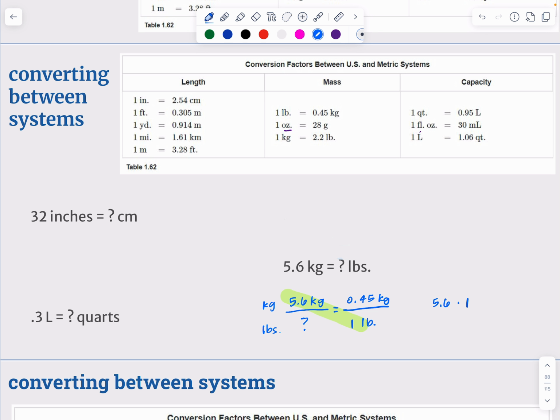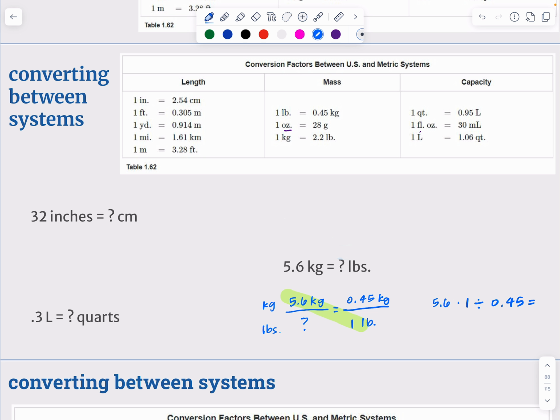And then we know that we divide by the third number, so I'm going to divide by 0.45. Okay, so I'm going to grab a calculator to do that. I'm going to take 5.6 times 1, which is just 5.6, divided by 0.45.